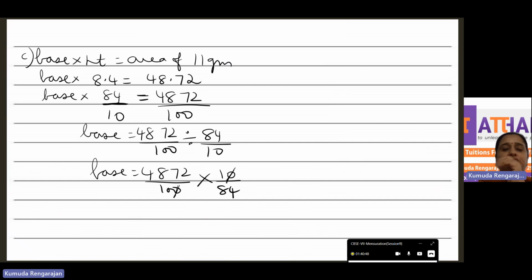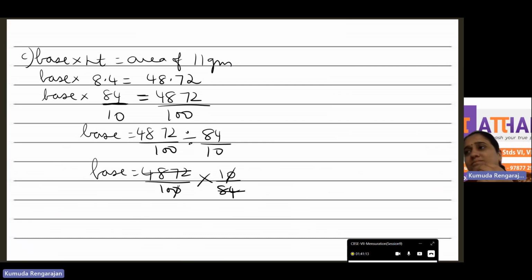What do you get? You finished till here? Now how do you simplify, children? Take this number and this number, slash this number and this number. Both are divisible by 4, right? How do you know that 4872 is divisible by 4? What is the divisibility test?